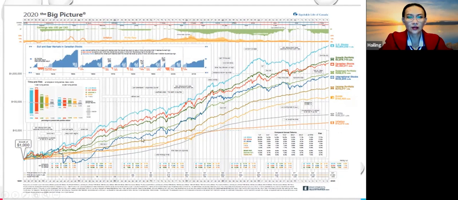So in the long run, you see the curve is always going up. It's like an upward trend, right? But in between, we experienced World War I, World War II. We had the technology bubble in 2000. In 2008, 2009, you had the financial crisis.